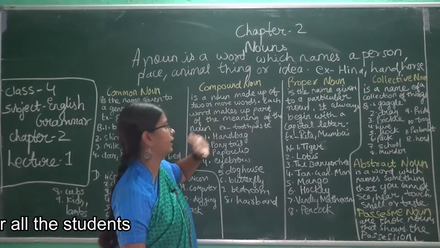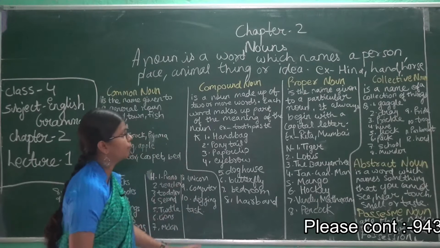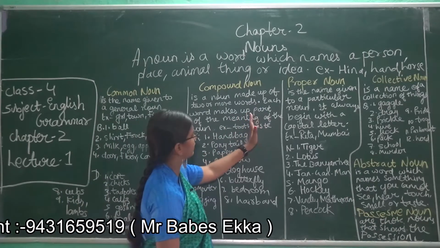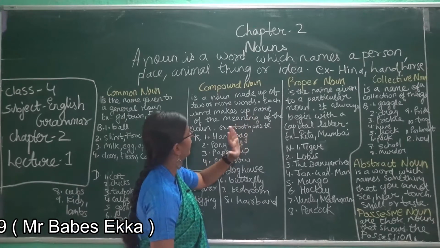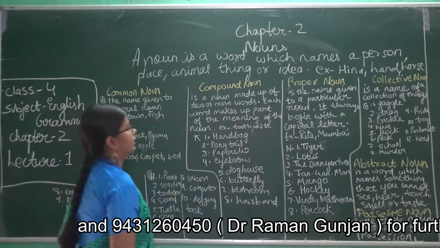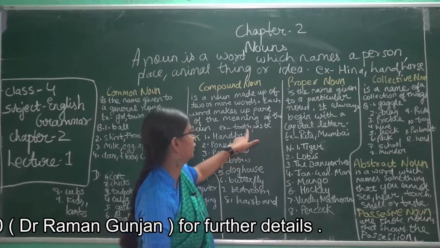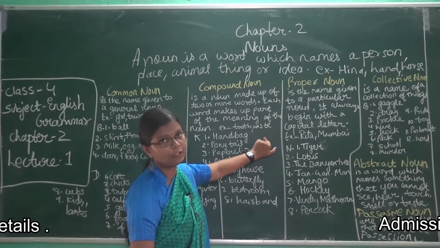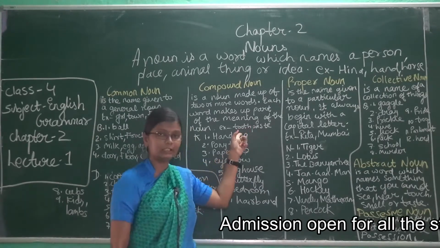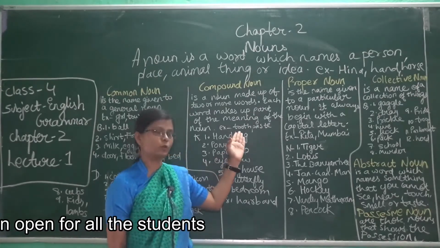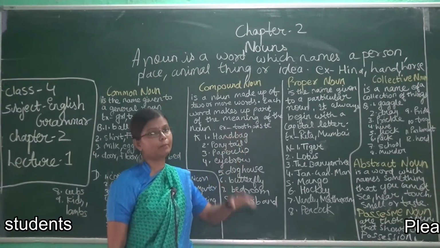If you take a part of it, it also gives a word that makes a meaning. Suppose toothpaste: tooth plus paste. Tooth is one word, paste is one word. If we add these words, it will become toothpaste.